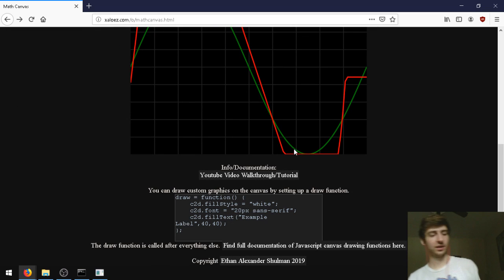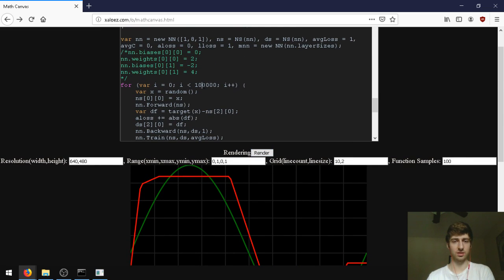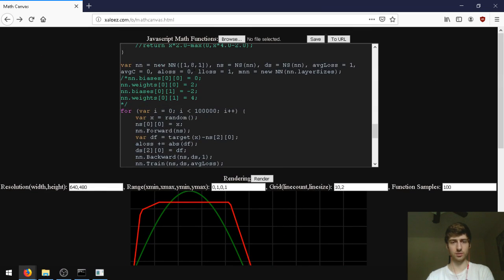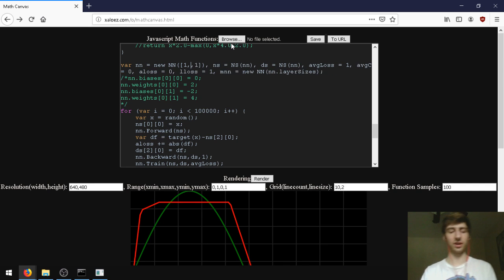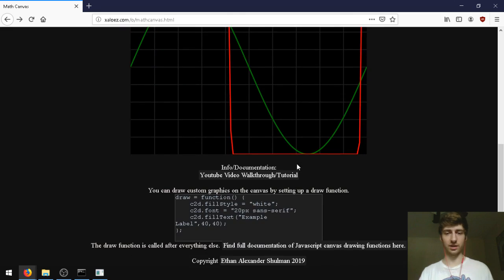But I still think this training can be improved. It's doing 100,000 iterations here, and it's not even training to that good accuracy. I really think it can be better. But the whole thing with neural nets is you just increase the neurons like this, and it should get better.